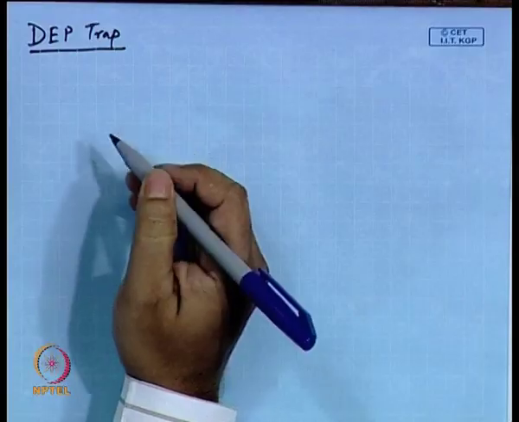Now, to have this DEP trap working, what is this DEP trap?